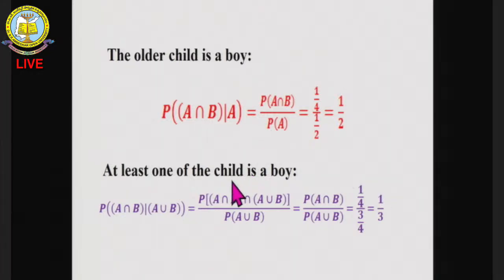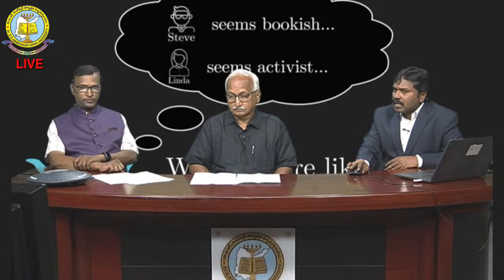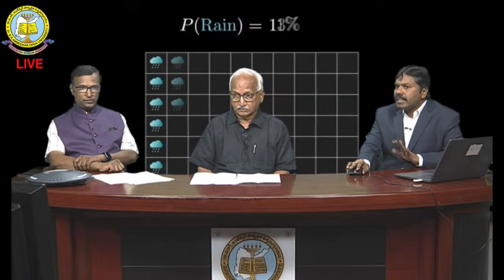So if at least one child is a boy, the chance is 1 by 3. If the older child is a boy, the probability is 1 by 2.